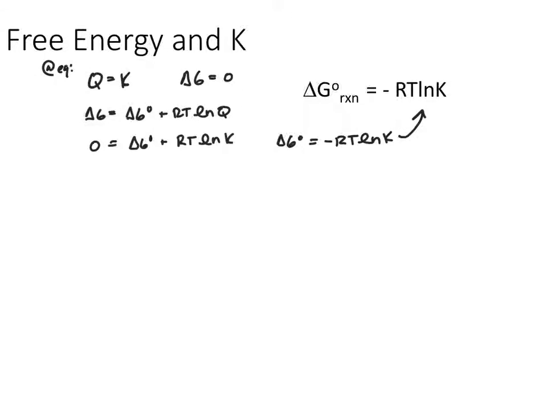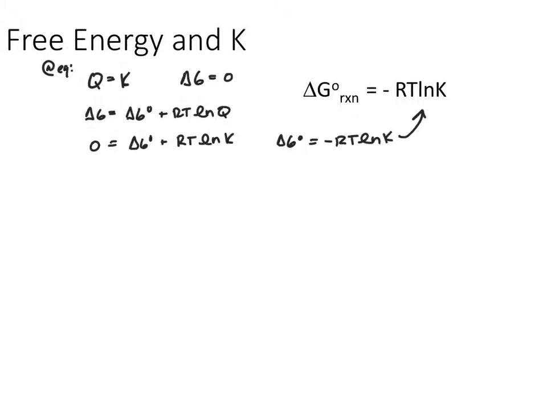This is how we derive this equation, and we can utilize it to relate our free energy to our relative position in terms of products and reactants by analyzing K with respect to the free energy.